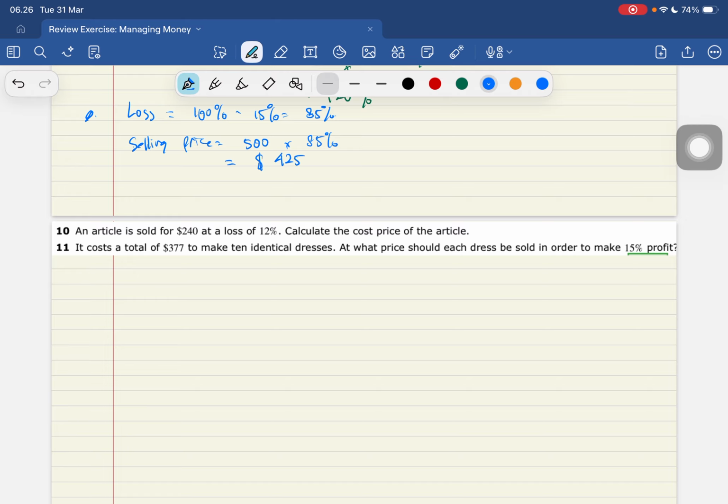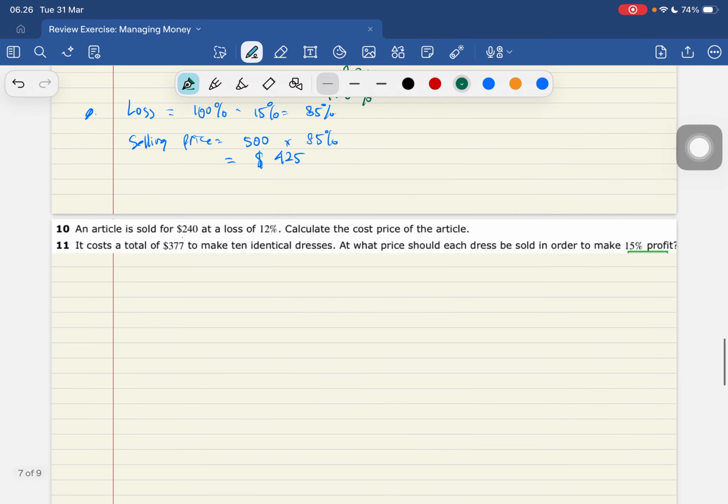Okay, number 10. An article sold for 240 at a loss of 12%. We need to find the cost price. So this is for 10. The cost price we can find by selling price multiplied by 100, divided by 100 minus the loss percentage. So it's 240 multiplied by 100, divided by 100 minus 12.